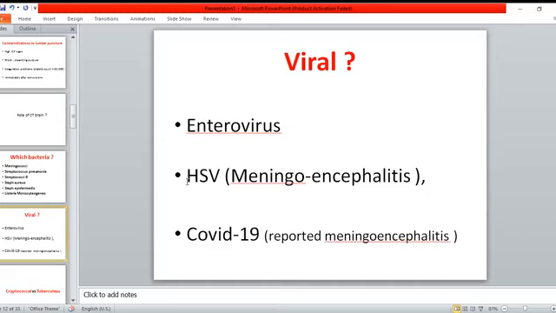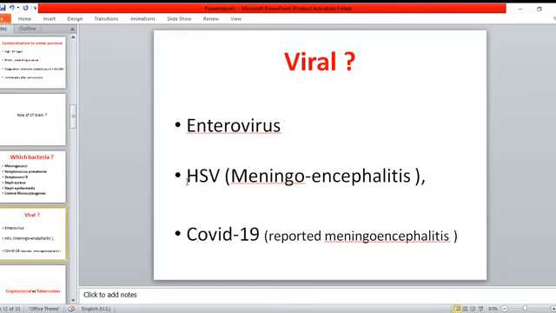Herpes simplex virus infection can cause meningitis or meningoencephalitis, and the common scenario in the exam is that these patients present with encephalitis. So patients come with an acute history of days to weeks, with confusion, depressed conscious level, vomiting, and maybe some seizures.